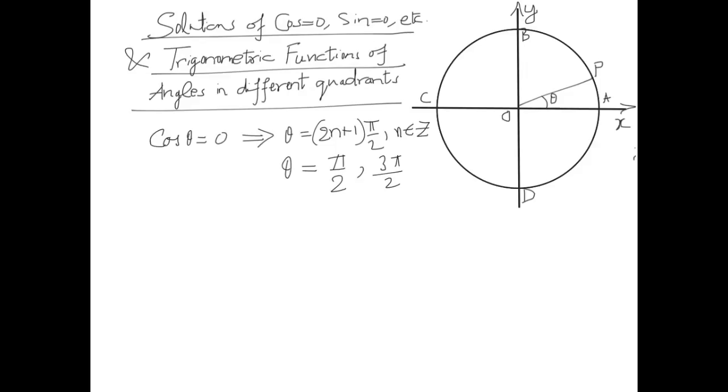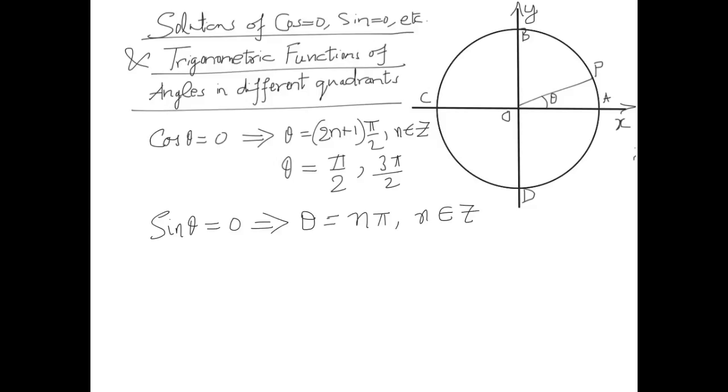In a similar manner, we can find solutions to the equation sin theta is equal to 0, and we already know that this happens when the projection of line segment OP on the y-axis is 0, and this would happen when point P coincides with either point A or point C on this diagram, and those solutions could be generalized by expressing theta as n pi, that is all integer multiples of pi, where n belongs to the set of integers.